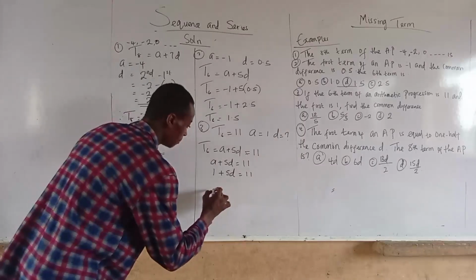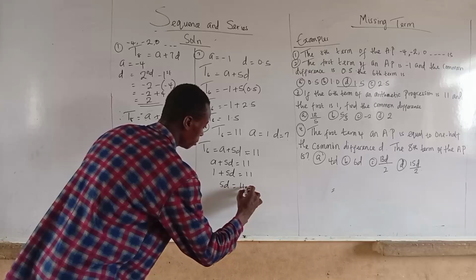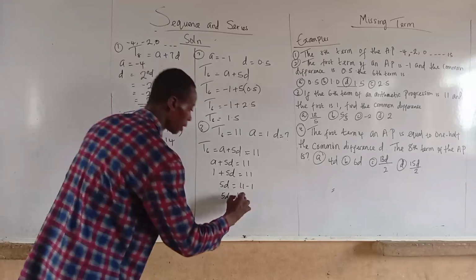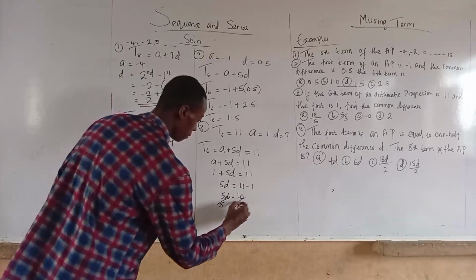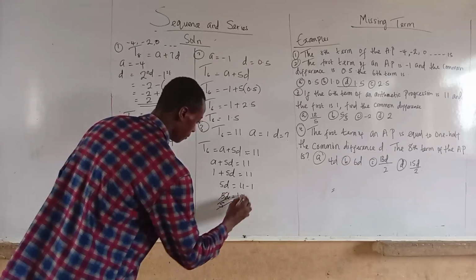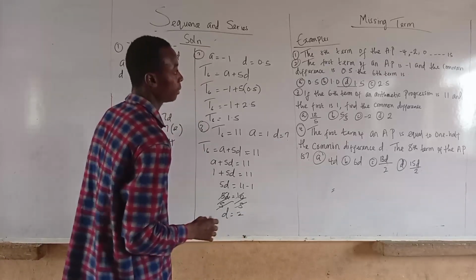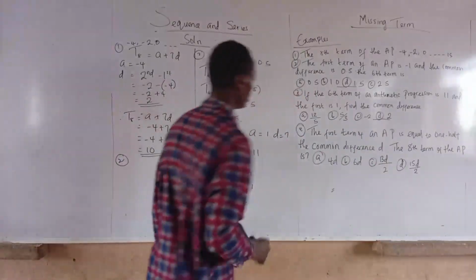Let us collect like terms. 1 changes to minus 1, so 5D is equal to 11 minus 1, which is 10. We divide both sides by 5. Therefore, our D is equal to 2. We have the option there. This is our answer here.